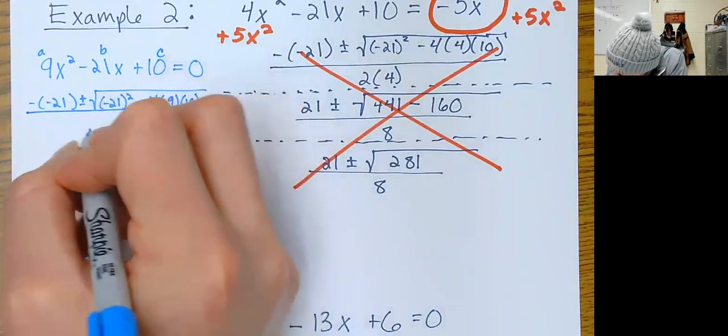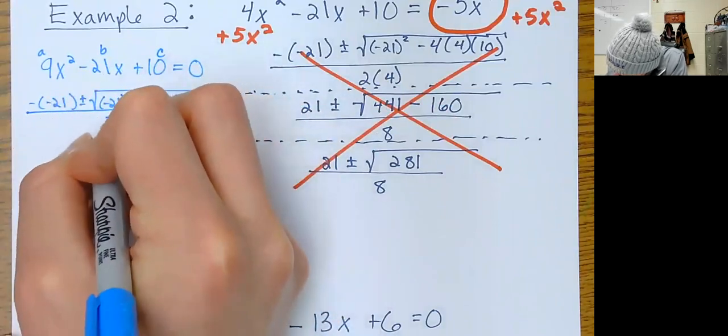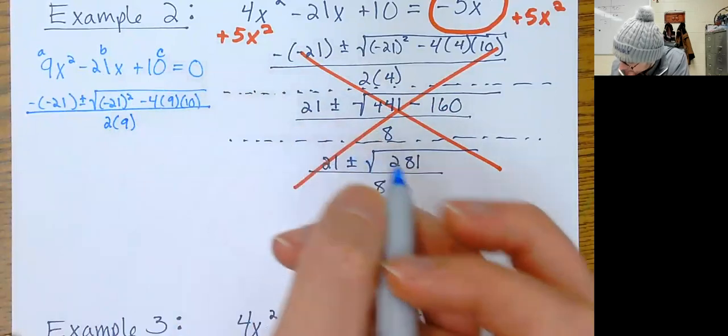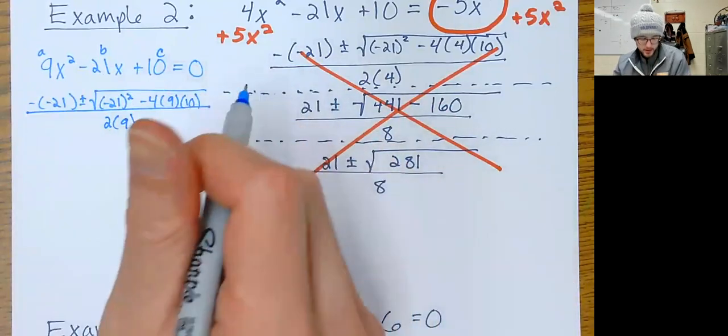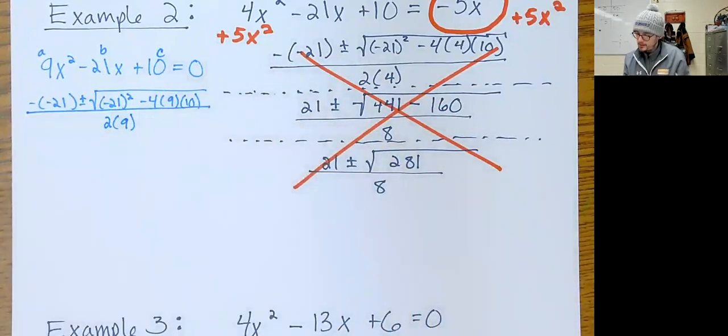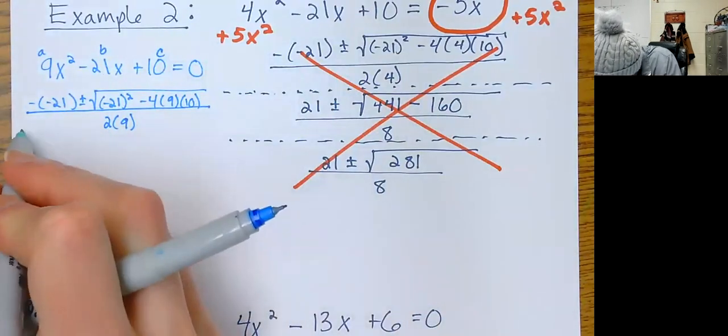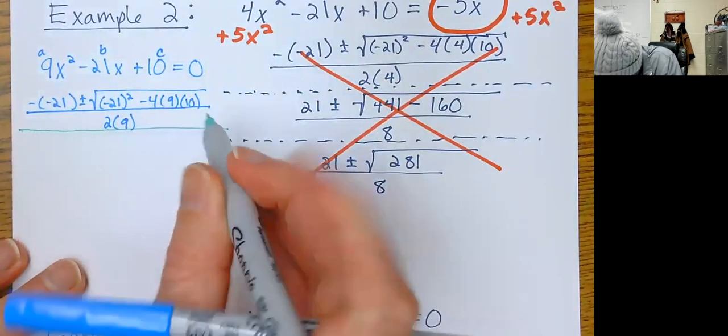And then we are going to get 2 times 9. Okay, so that separates out right there. So that's one step.